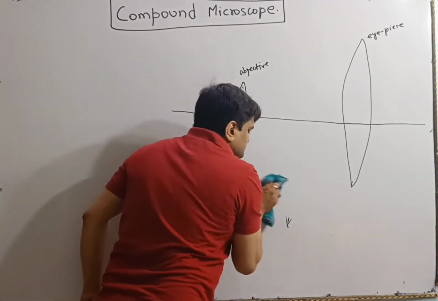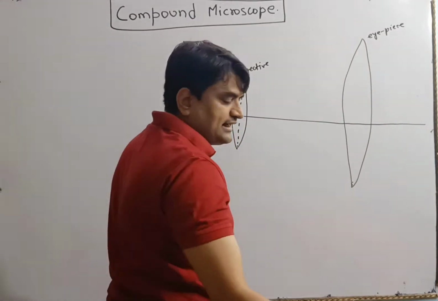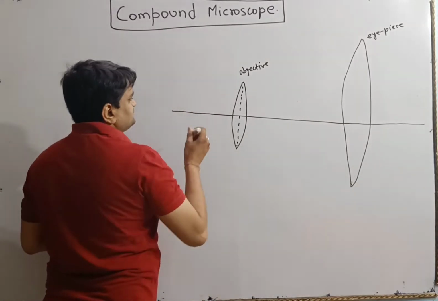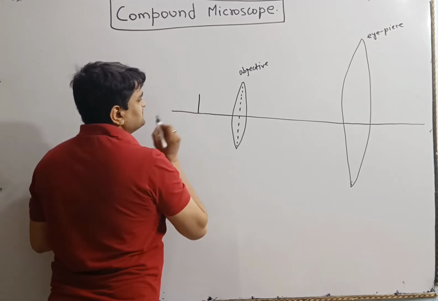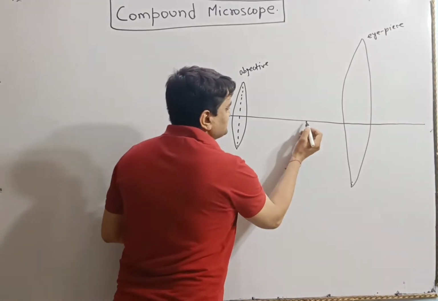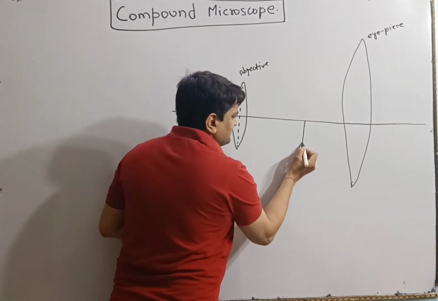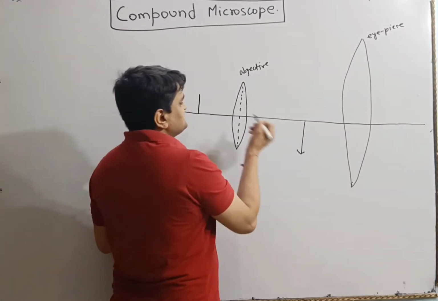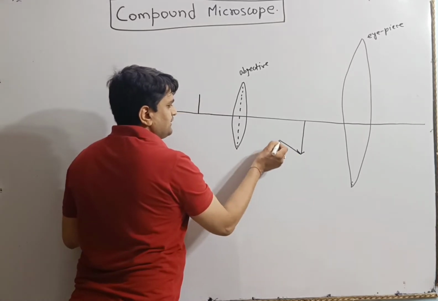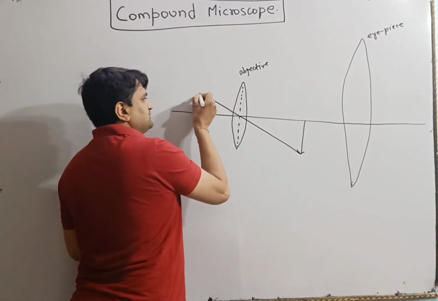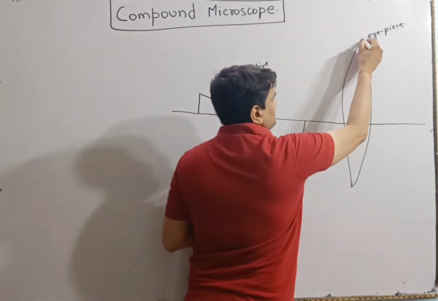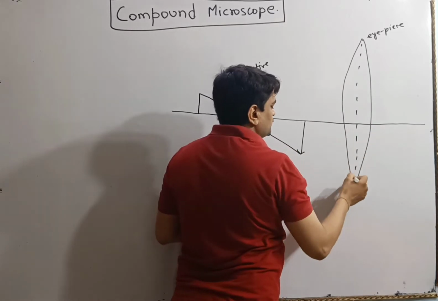Now let us first draw the ray diagram. Let's have an object here. Then see the trick. First make the image in this plane and then start in reverse direction. Let it be this. First image, first line, and it will go like this.